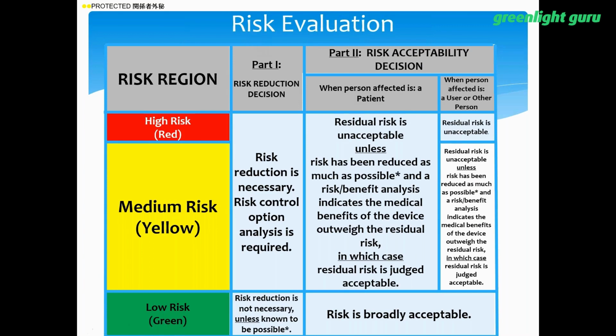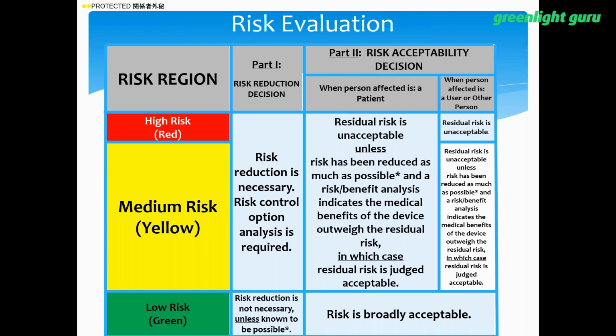Basically, as I come out of this process, you can kind of summarize it in this table. So if I look at my risk regions and I look at my high risk or my red regions, as I'm looking at my risk reduction decisions, then risk reduction is going to be necessary. Risk control option analysis required, risk versus benefit.